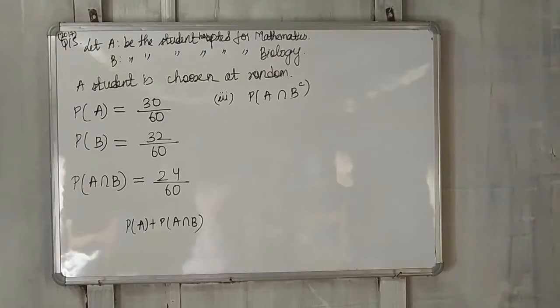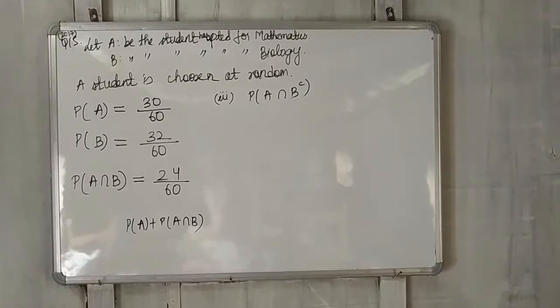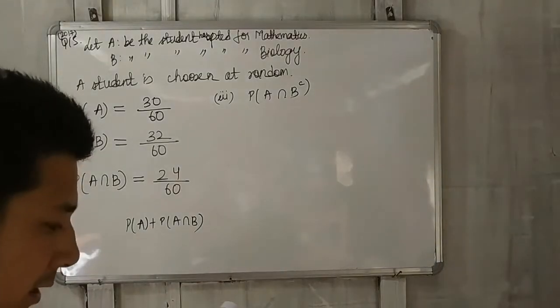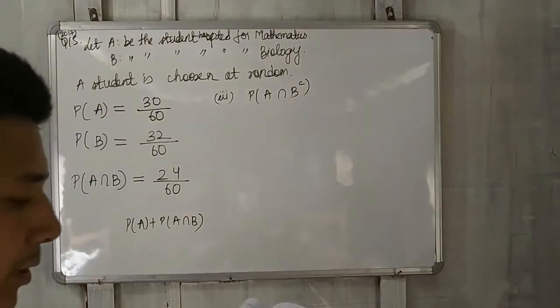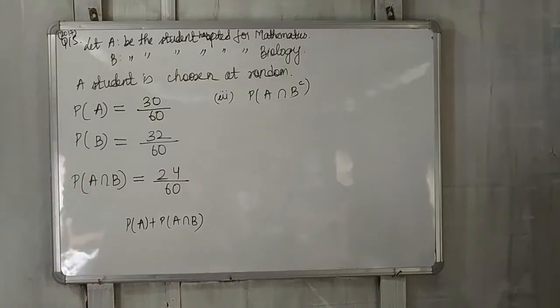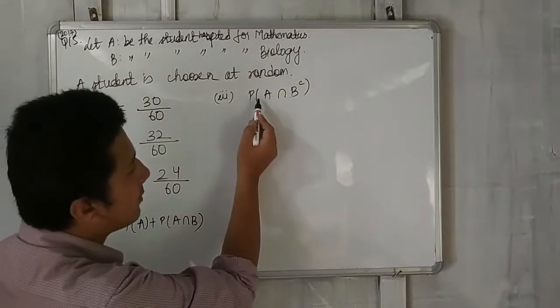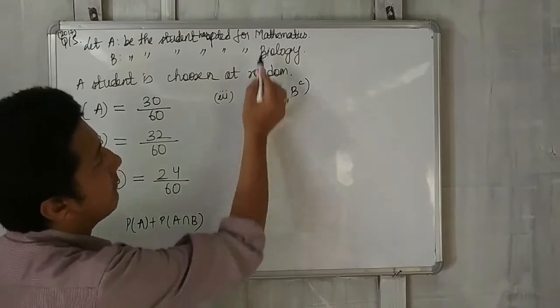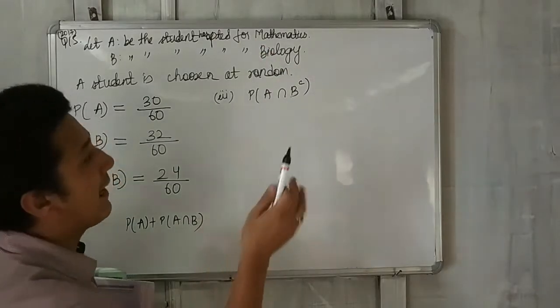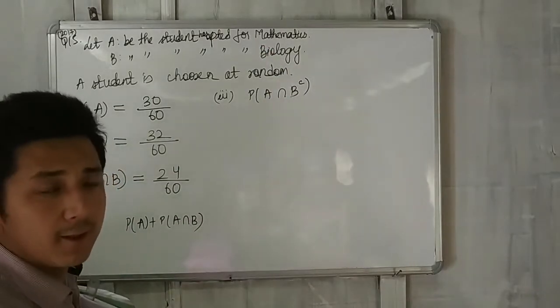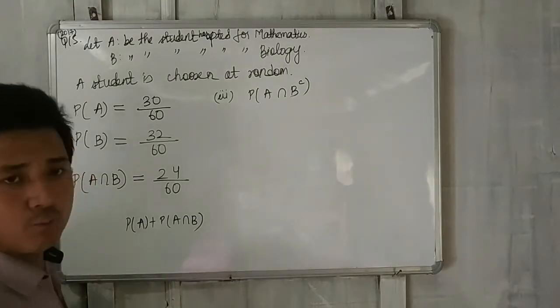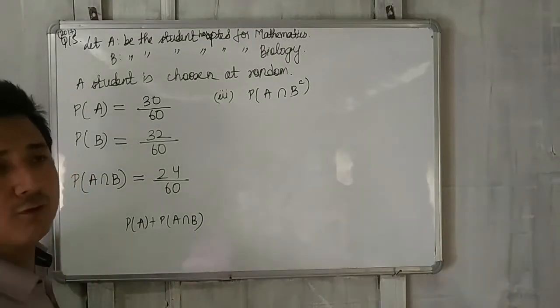Alright, so now we need to do the third part of the question, which is to find the probability that the selected student has opted maths but not biology. So we need to find the probability that the chosen student has opted maths but not biology, meaning B complement. To understand this question more properly, we'll draw the Venn diagram.